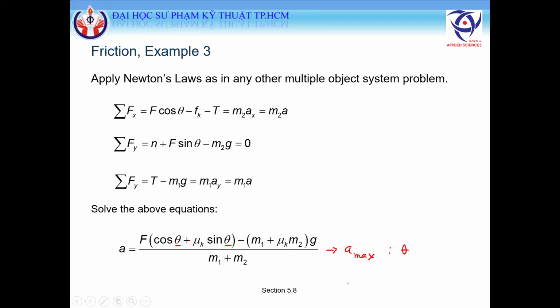In mathematics, if we take the derivative of A according to theta, dA over d theta, and you put this value to 0, you can get the critical theta. Okay?